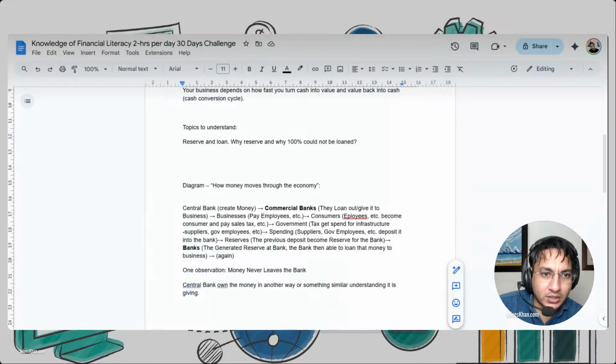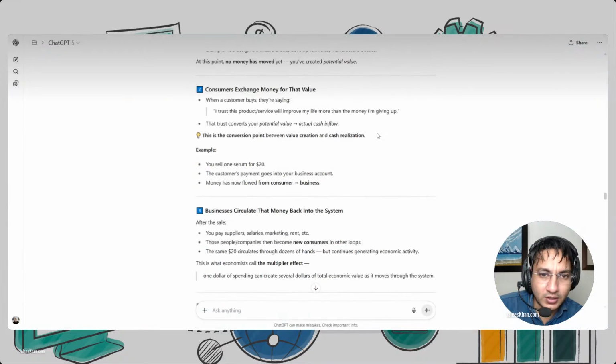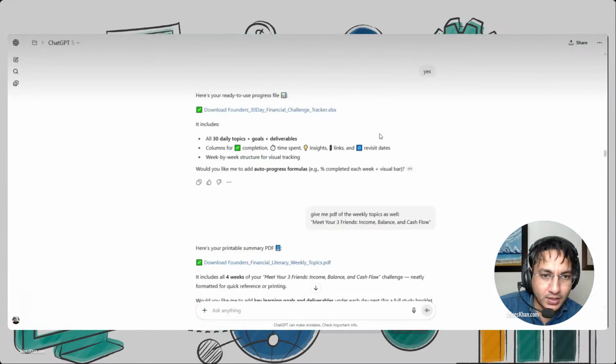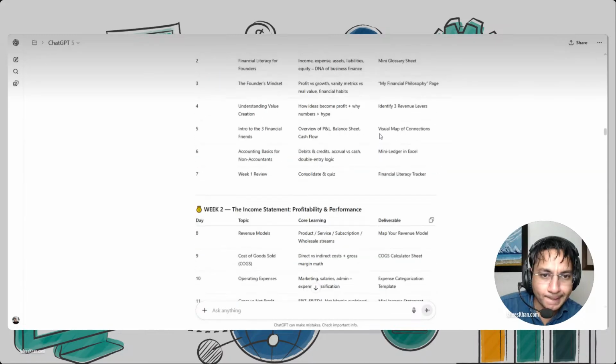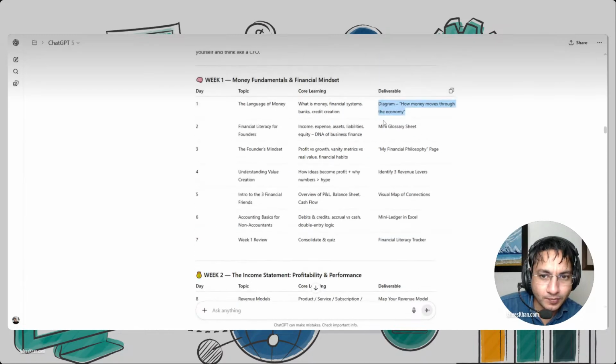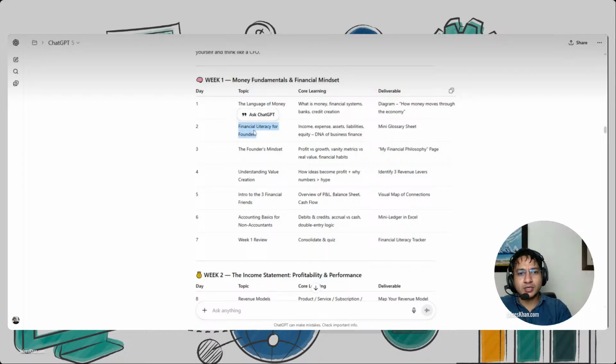So guys, let's go here again. Income, expenses, assets, liability, financial literacy, founders, income, expenses, assets, and this one. So we are going to start from here.